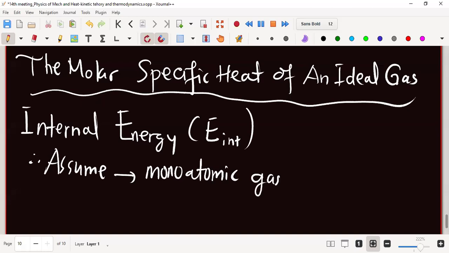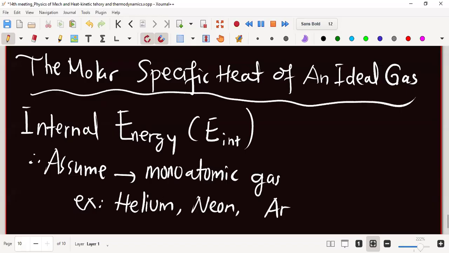Monoatomic gas is only one atom, like helium, neon, or argon.